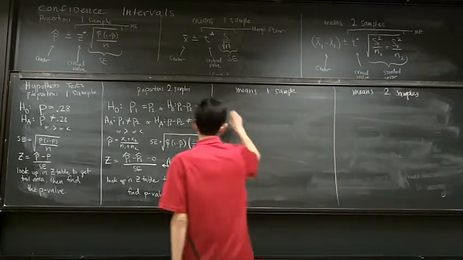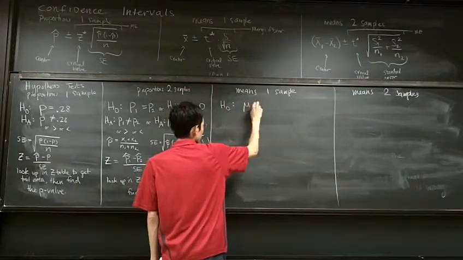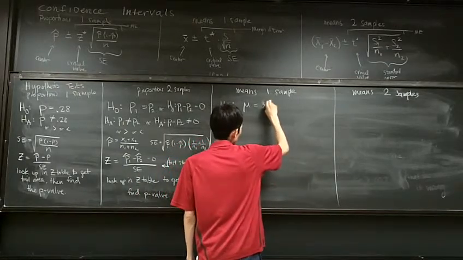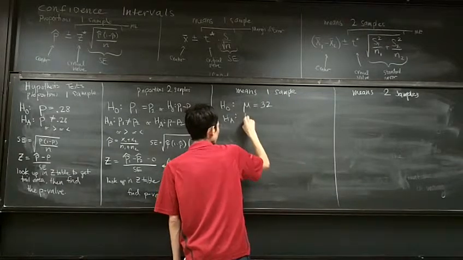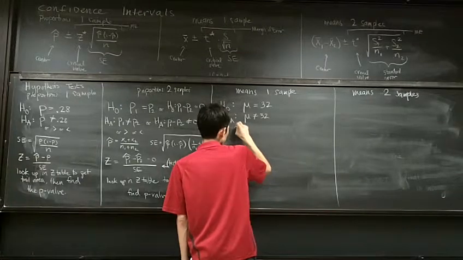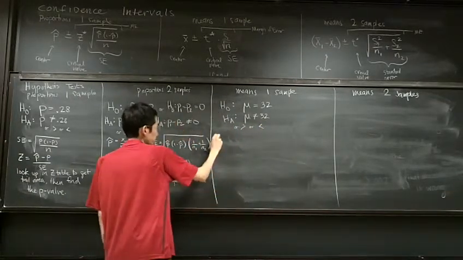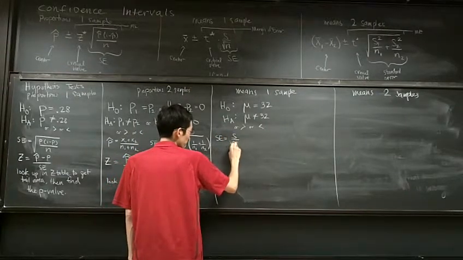Alright, means of one sample. Your null hypothesis is that the mean is equal to some number, 32, and then the alternative is that the mean is not that number, or it's greater than or less than. Your standard error is s over the square root of n.